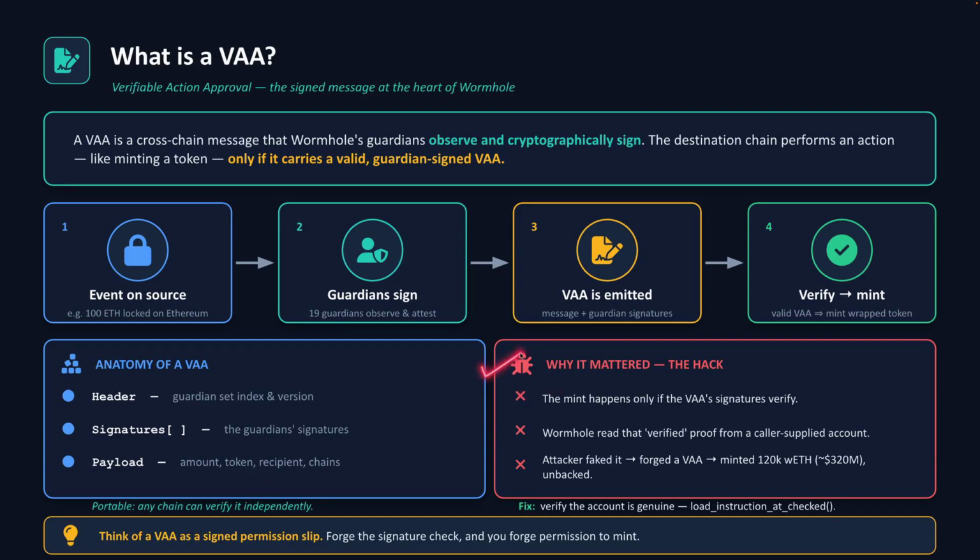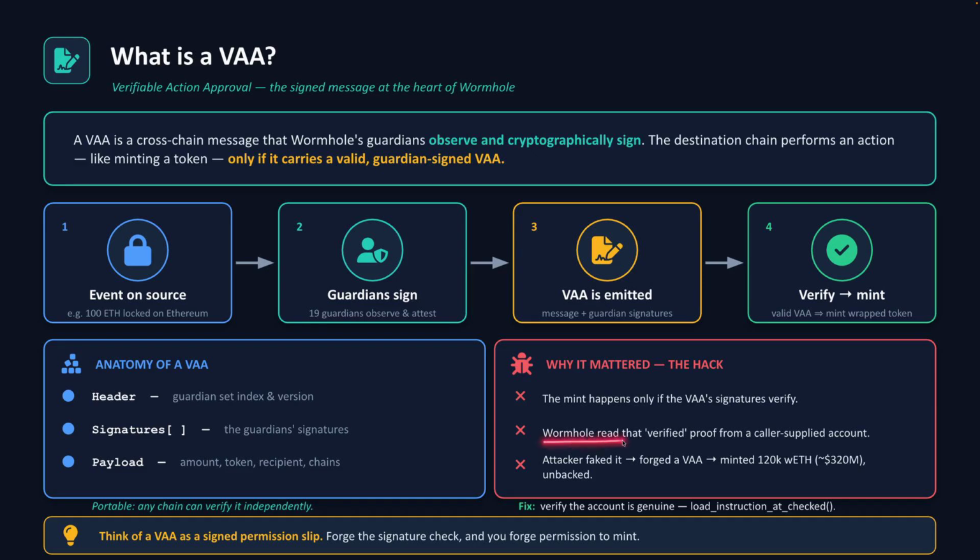Why it mattered and how it led to the hack. The mint happens only if the VAA's signatures verify. Wormhole read that verified proof from a caller supplied account. This is the important point.